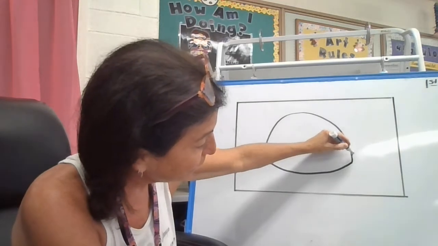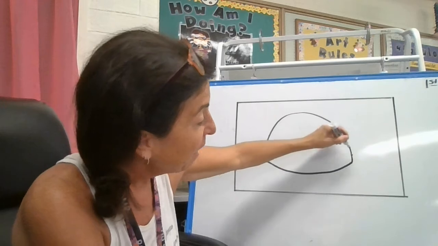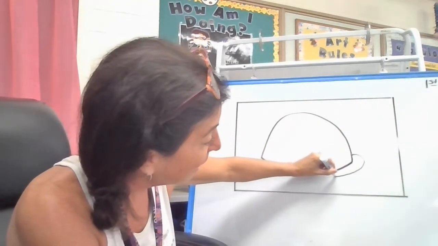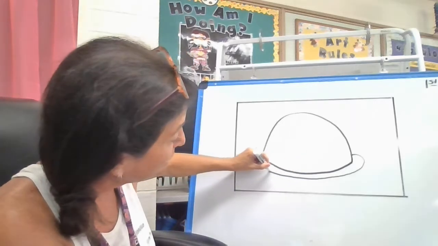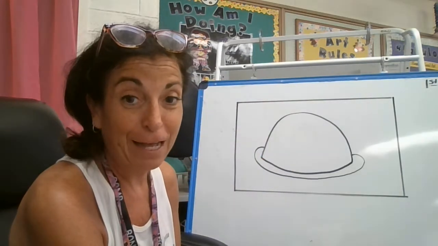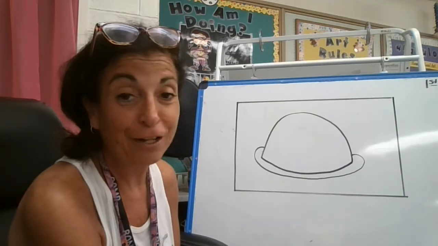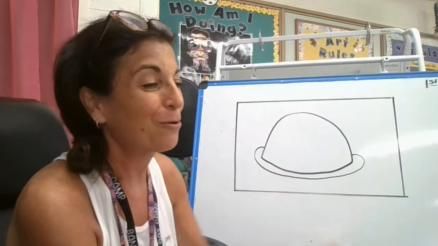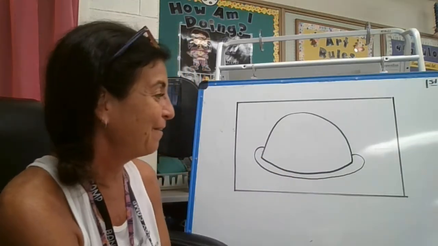You can make a little dot if you need help right there. And we are going to curve out and just copy that same line all the way around like that. And we've got our turtle's shell. It kind of looks like it could be a hat too, but we have our turtle's shell.